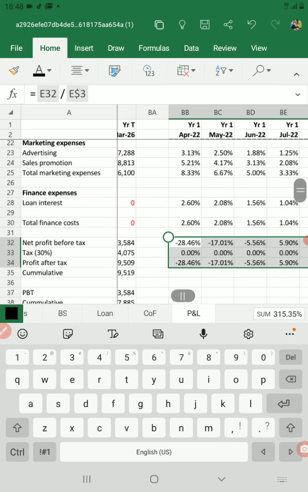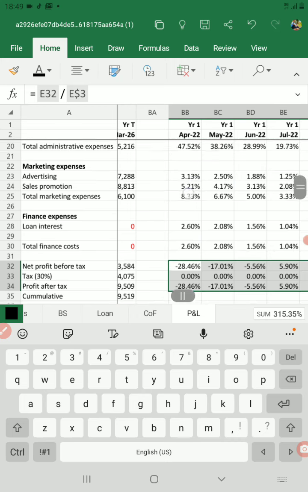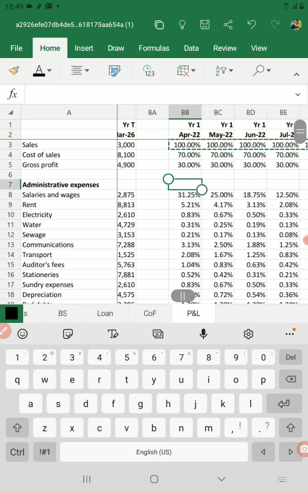Now again, the same principle applies. You can do vertical analysis, that is comparing the common size financial for the same period, for example April 22 here. So we see cost of sales is 70% of sales. Salaries and wages are 35.25% of sales.